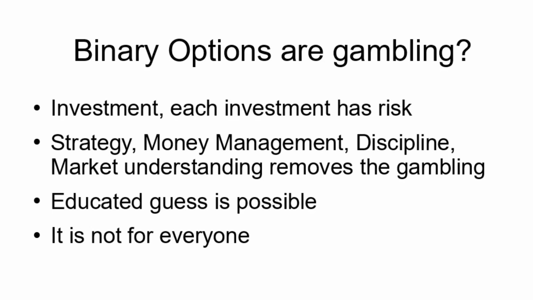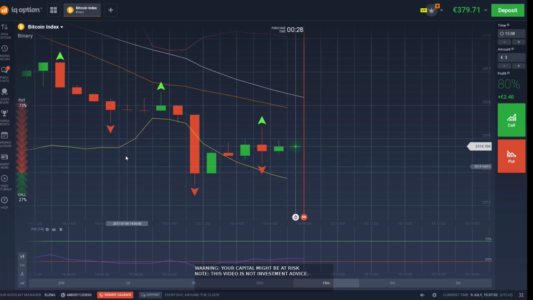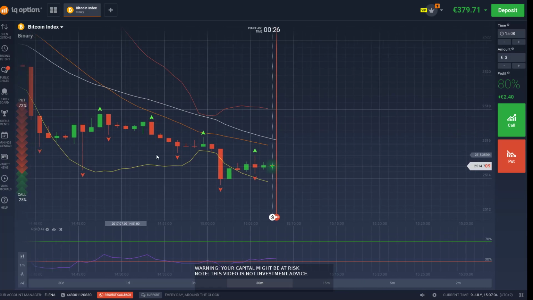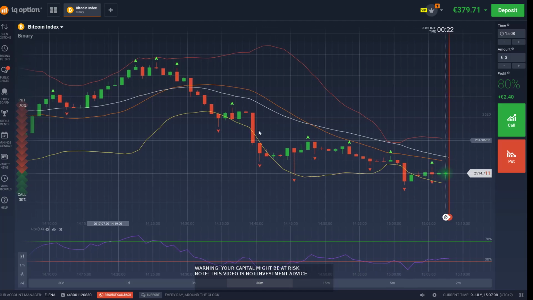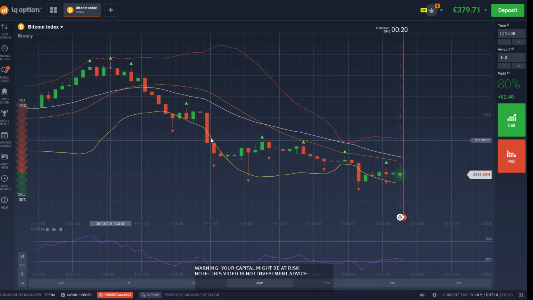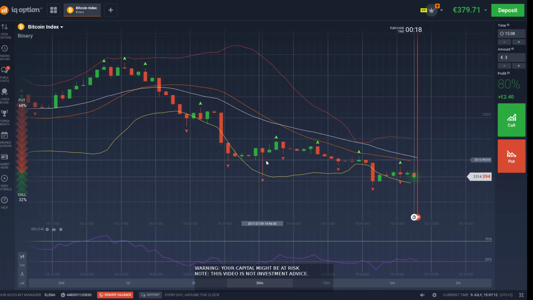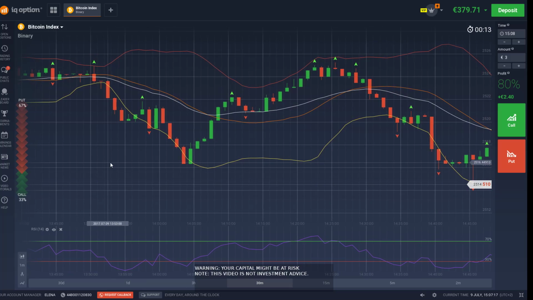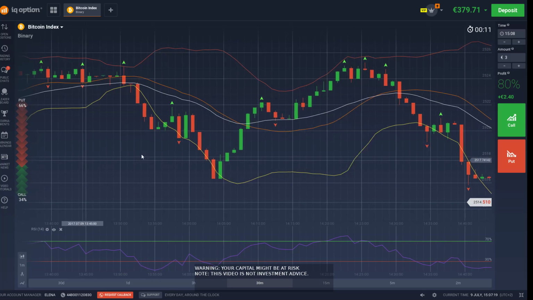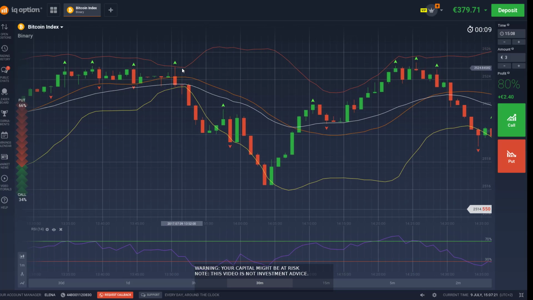So let's once again jump into a chart. For example, how is this not gambling? Without going too much into detail right now, let's take a good example. This one here is beautiful. You would only trade what you know.